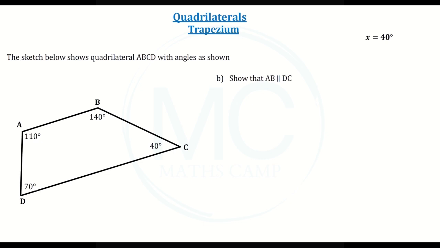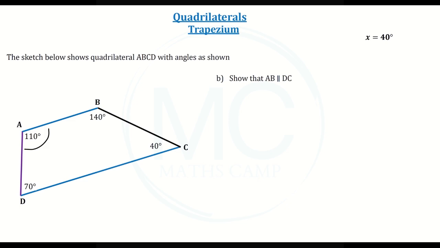Now the question asks us to prove that side AB is parallel to side DC. So let's make these sides blue. There are two transversal lines cutting our parallel lines, AD and BC. So let's focus on AD and make it purple.